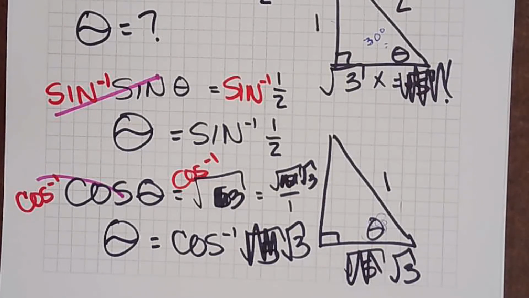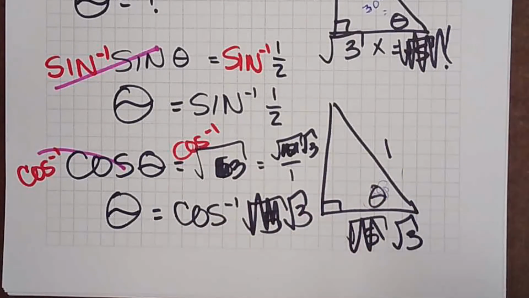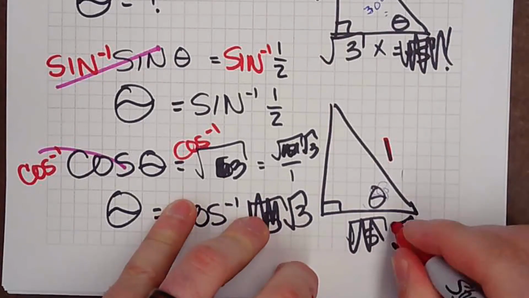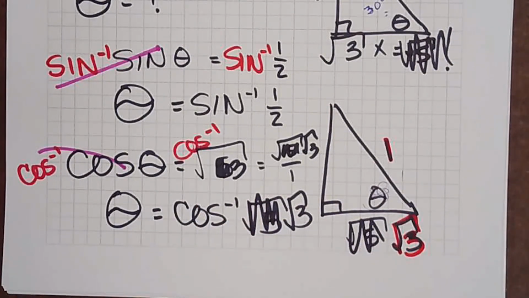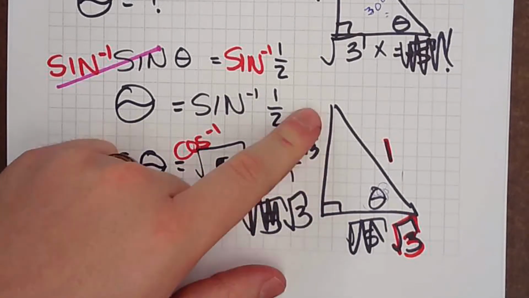I'll give you some time. What do you think it's going to be? It might help if you found out this missing side. We have this guy as 1. This guy is root 3. What side length must this be?